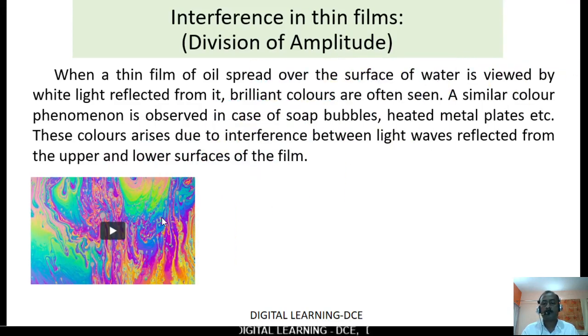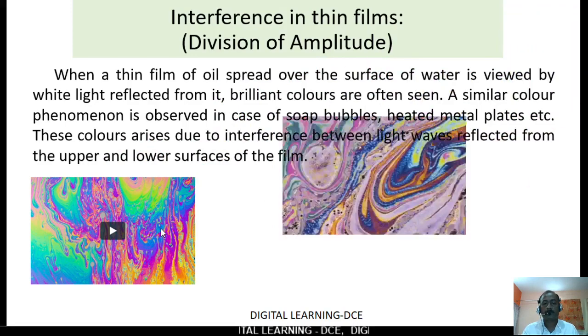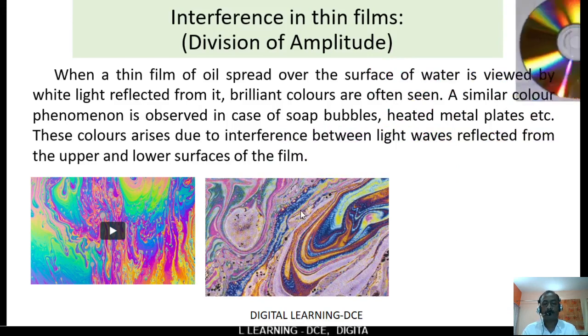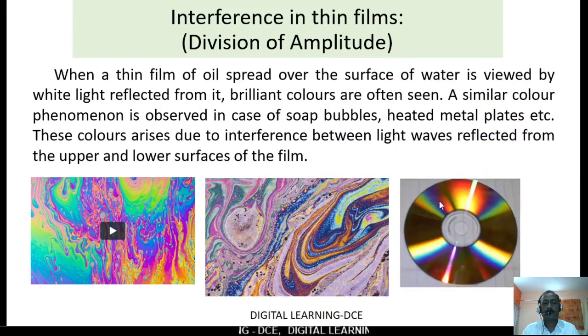This diagram illustrates thin film interference in a soap bubble. Here it illustrates thin film interference in oil. You can also observe thin film interference in a compact disc. You can see the brilliant colors.